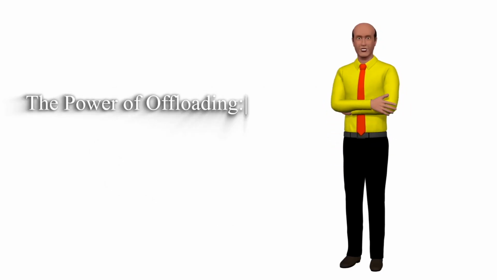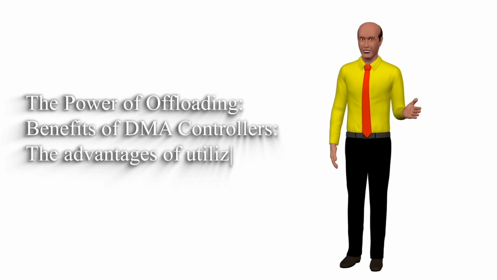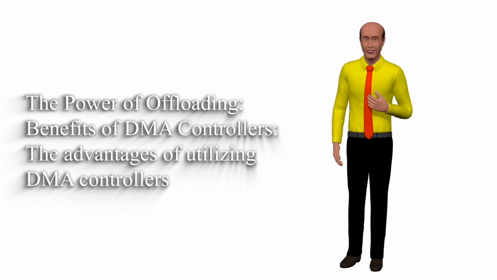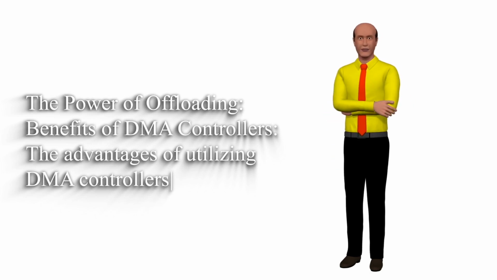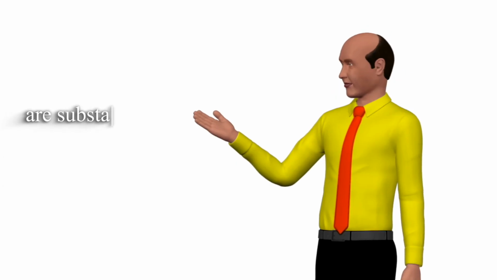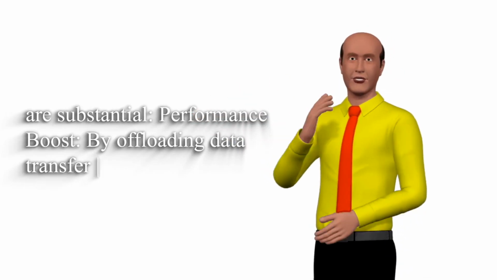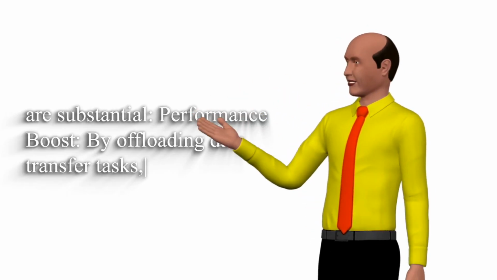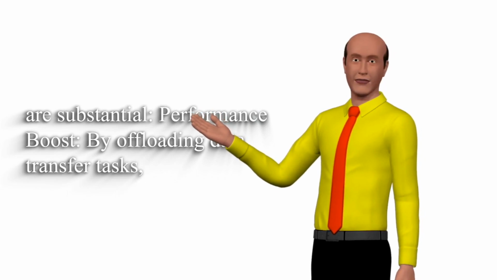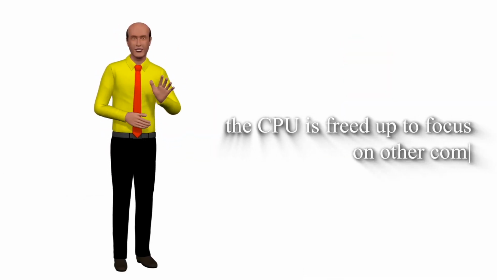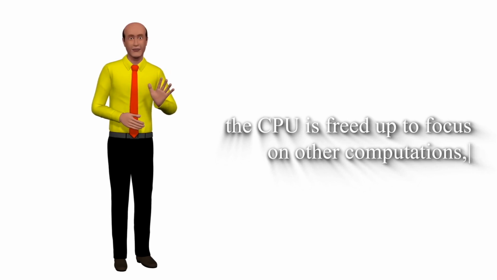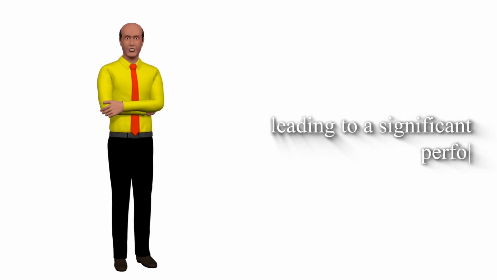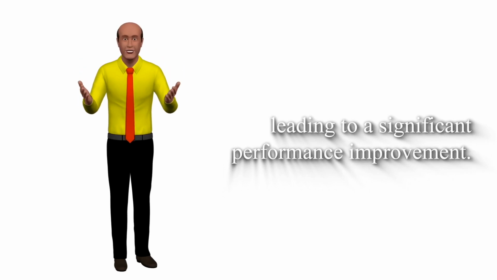The power of offloading. Benefits of DMA controllers. The advantages of utilizing DMA controllers are substantial. Performance boost. By offloading data transfer tasks, the CPU is freed up to focus on other computations, leading to a significant performance improvement.